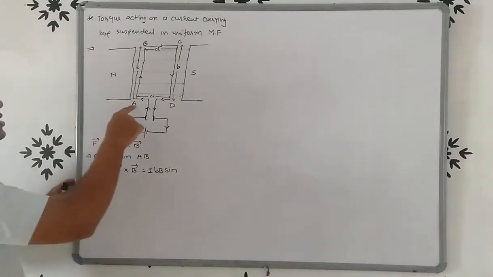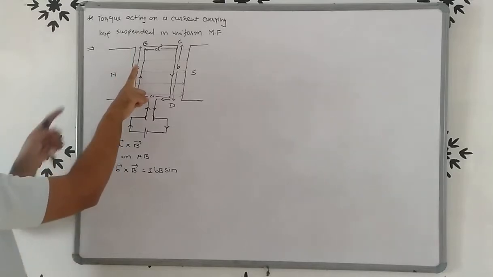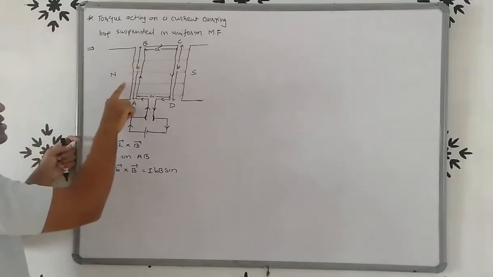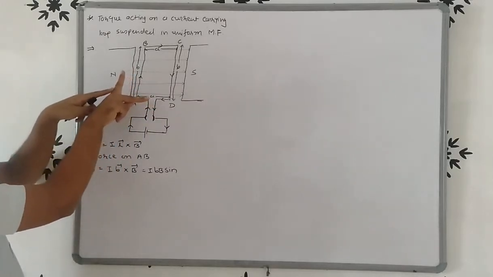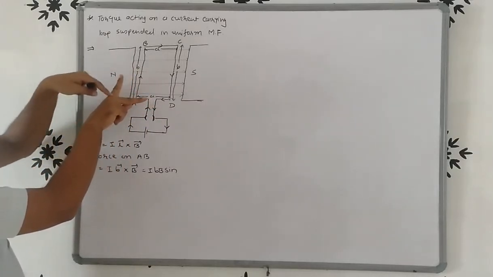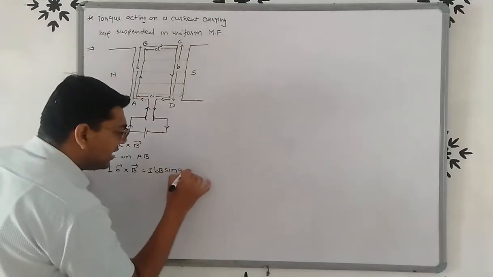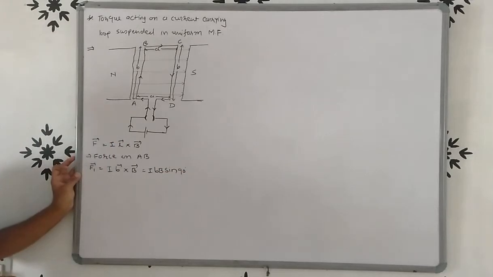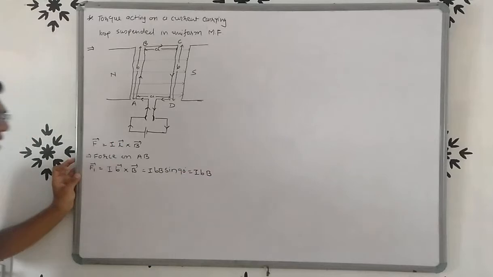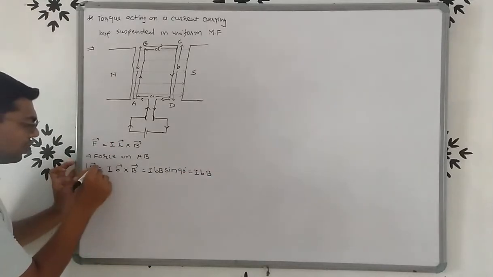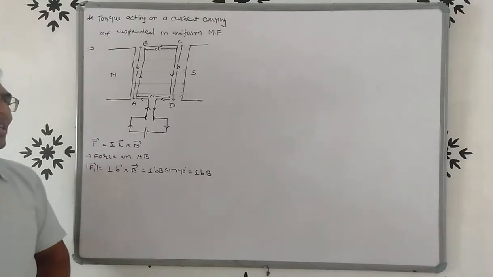The length is along the y-axis and the magnetic field is along the x-axis to the right. The angle between small b and capital B is 90 degrees, and sin 90 is 1. So the magnitude of force on AB is I small b capital B.